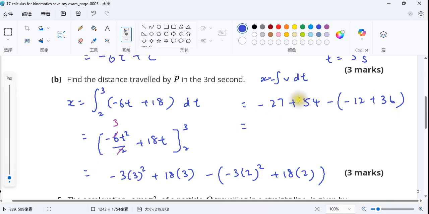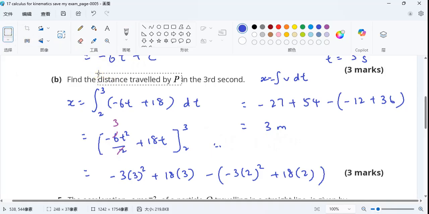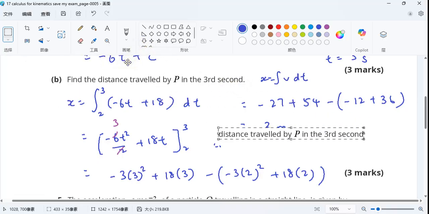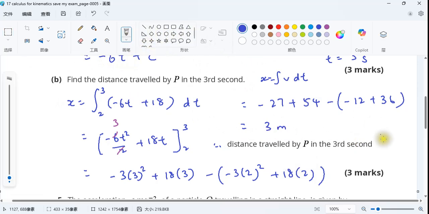So 27 minus 24, so it is 3. Okay, so 3 meters. So the distance traveled by P in the third second is 3 meters.